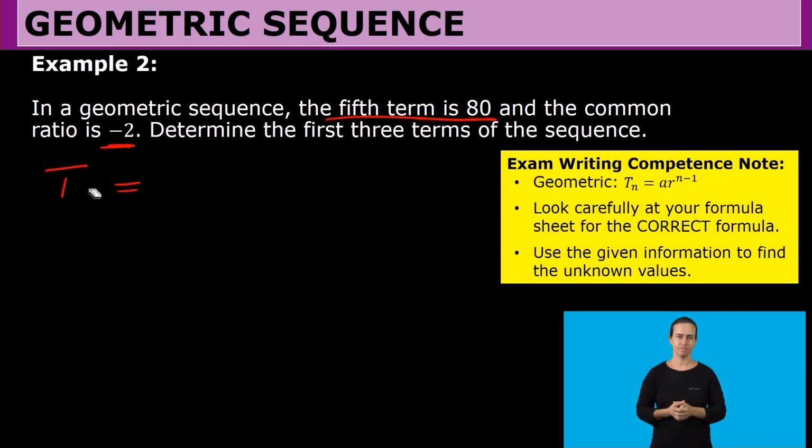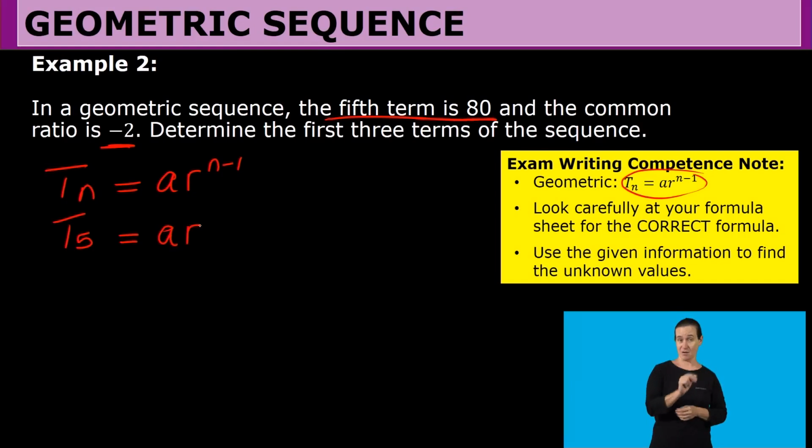Let's start by writing the general term for a geometric sequence, and that is a multiplied by r to the exponent of n minus 1. But we have been given term 5 here, so we know the value of n. So we know that a multiplied by r to the power of 5 minus 1. Again, we are told that the fifth term is 80.